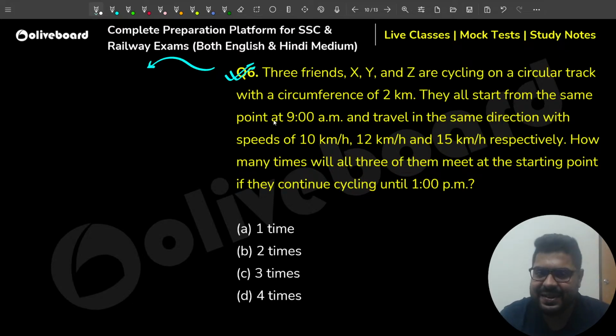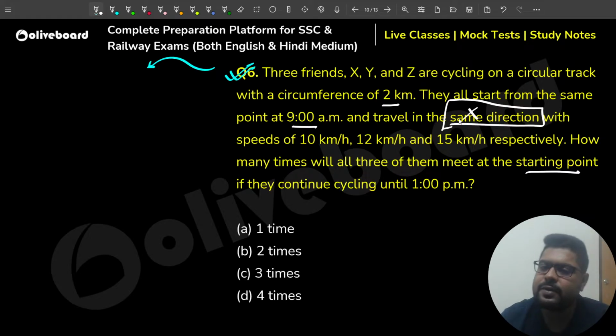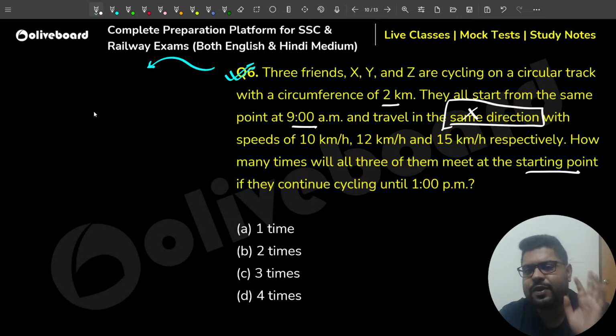Very important. Three friends X, Y, Z are cycling on a circular track of this circumference. They start at the same point, in the same direction, at these speeds. When do they meet at the starting point? In that case, the direction does not matter. So when will they meet for the first time?